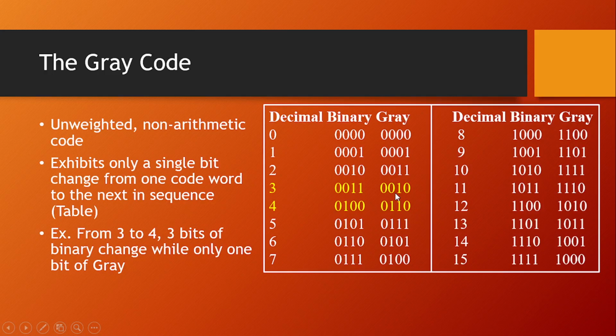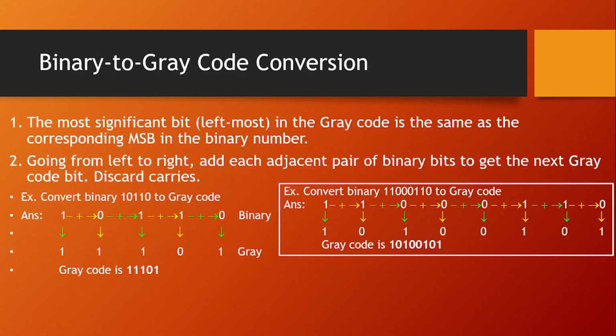Now let us see how a binary number is converted to its gray code. It is a simple procedure. We have to start from the left, not from the right, and we put the leftmost bit as it is.